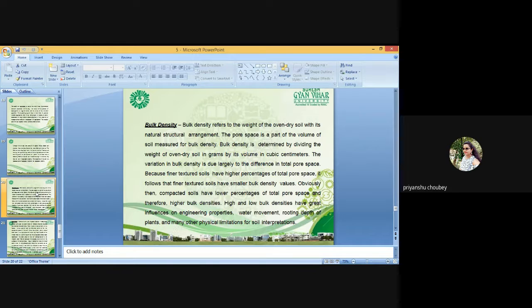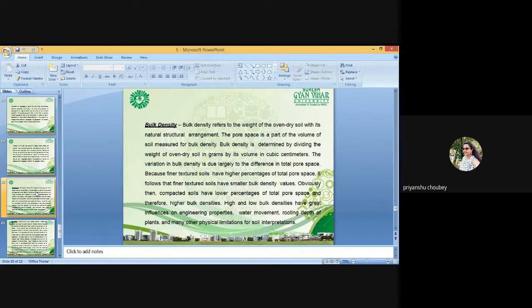Macropores allow easy movement of water and air, whereas this movement is restricted to some extent in the micropores. Pore space directly controls the amount of water and air in the soil and indirectly influences plant growth. Distribution of different size pores is more important for crop production than the total porosity of the soil.